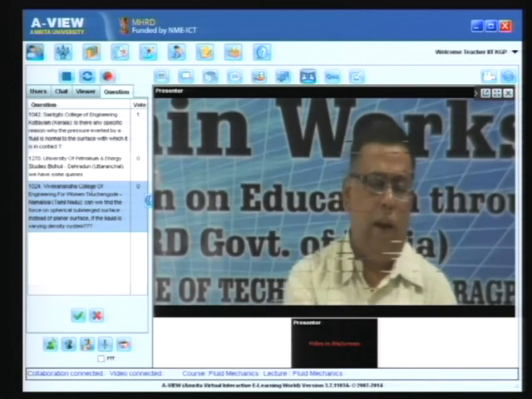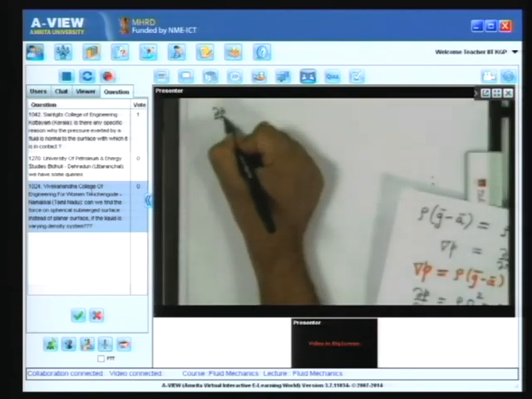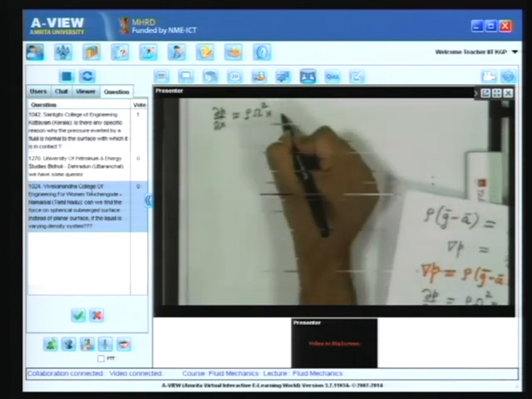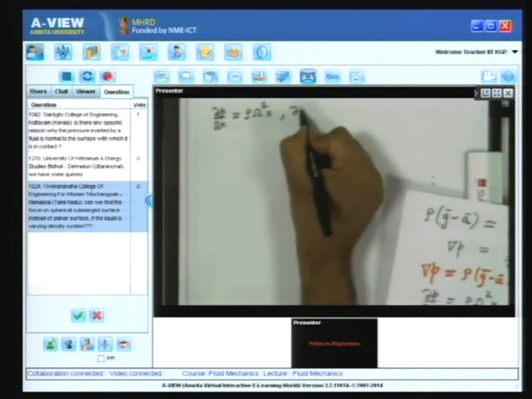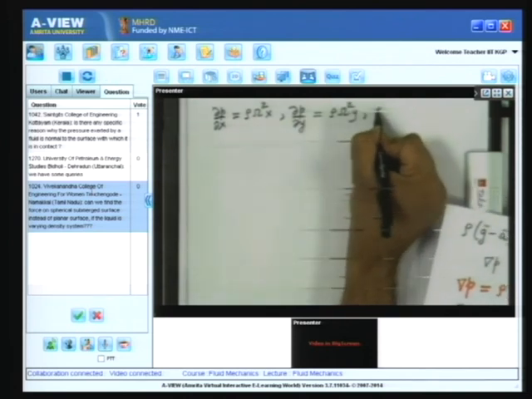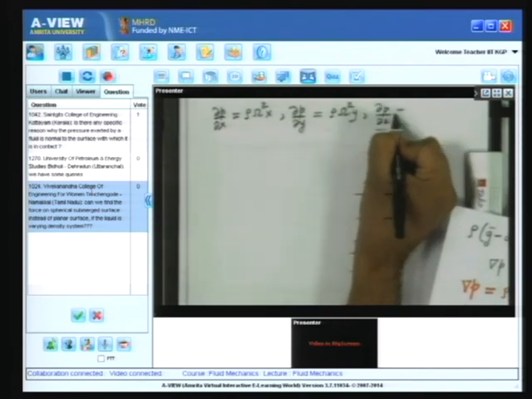We have seen that ∂p/∂x is rho omega squared x, ∂p/∂y is rho omega squared y, and ∂p/∂z is minus rho g.